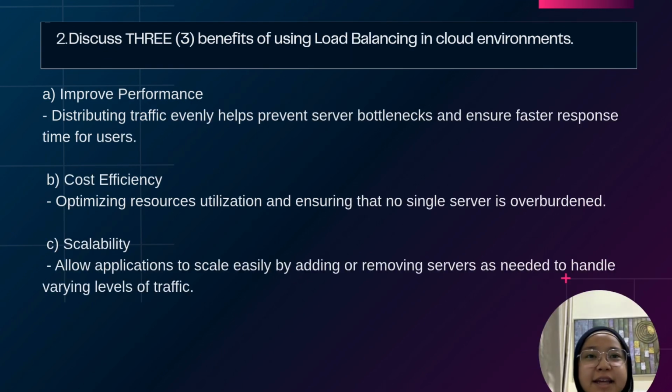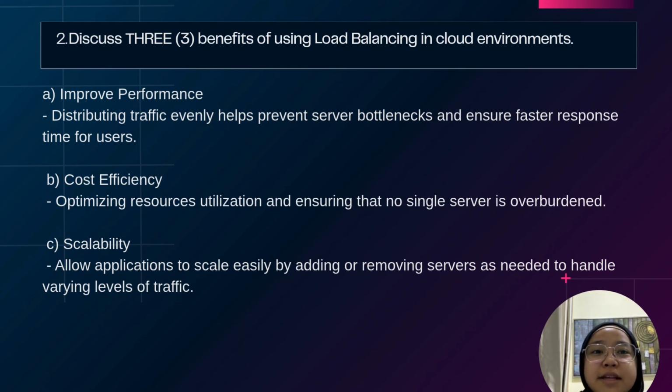Second question is to discuss three benefits of using load balancing in a cloud environment. First, improved performance. Distributing traffic evenly helps prevent server bottlenecks and ensures faster response time for users. Second is cost efficiency, optimizing resource utilization and ensuring that no single server is overburdened.